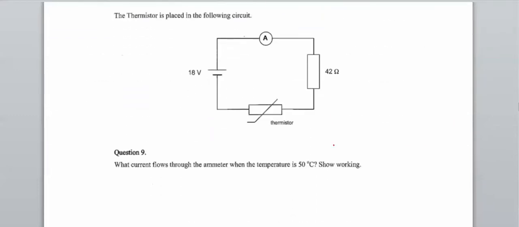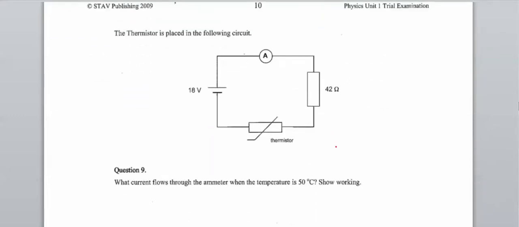So this is going to be 30 ohms for the time being. As the temperature increases or decreases, the resistance of this thermistor changes, and that increases or decreases the resistance of this total circuit.